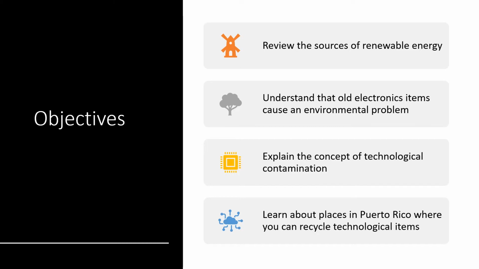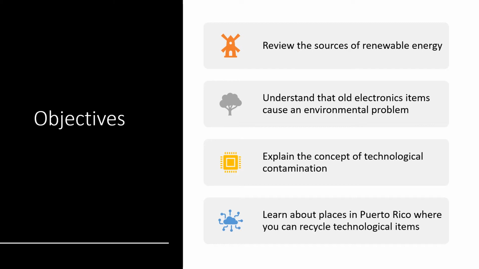We're going to cover a few objectives. The first one, we are going to review the sources of renewable energy. After that, we're going to cover some information about environmental problems that we're having today.